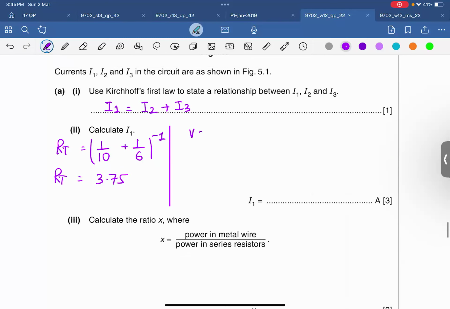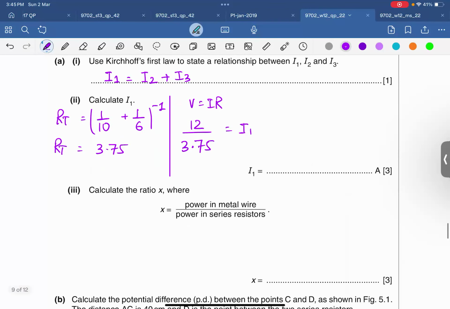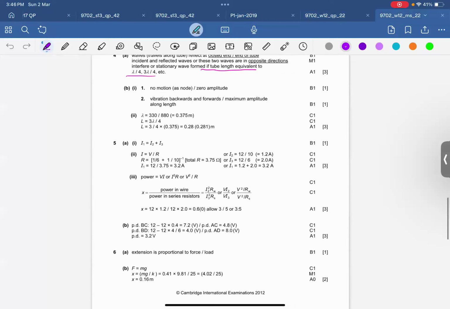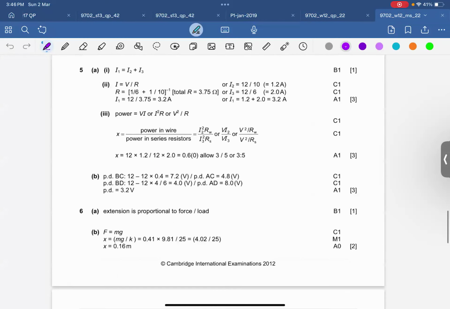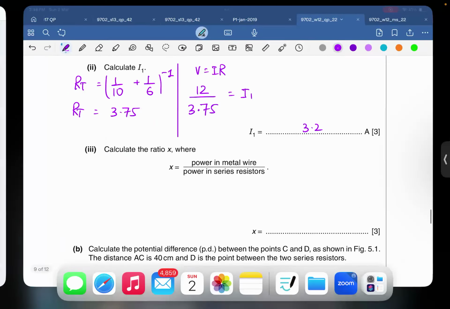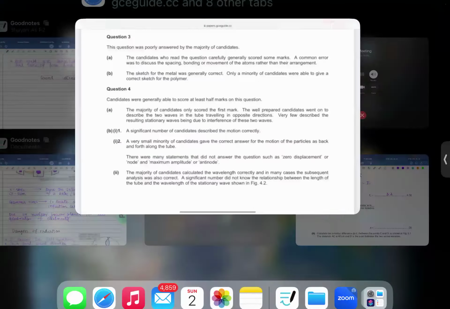V equals IR, so the voltage is 12 divided by 3.75, which equals I1. How much? 3.2222. Perfect.